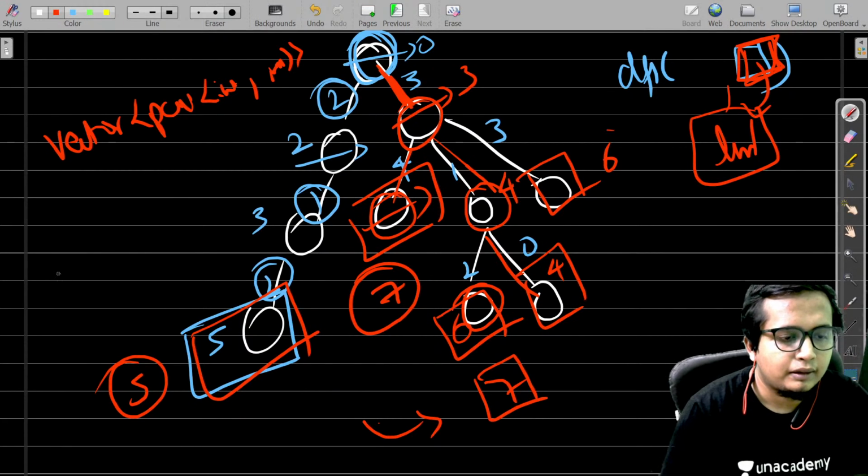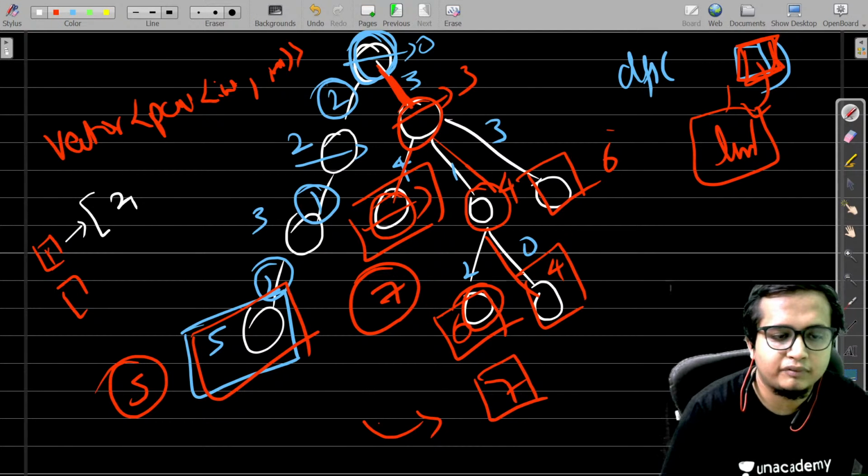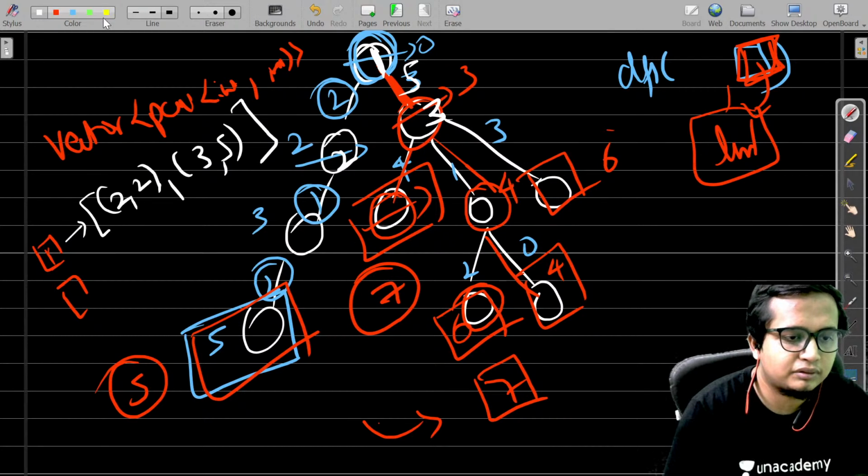The list would be like this: suppose I am seeing the adjacency list of 1. You would see that I store not just a node in it, but also the weight with which it's connected. Let us say this is node 1, this is node 2, and this is node 3. Node 1 is connected to node 2 with a weight 2. Node 1 is connected to node 3 with a weight 5. So this is how it is stored, and that is the reason why we need a pair.